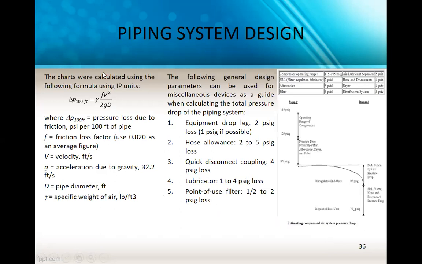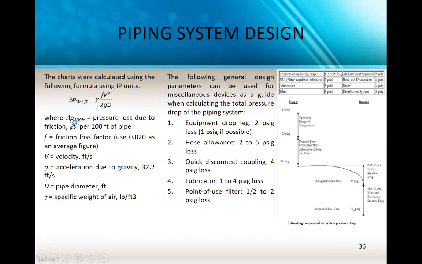So, pipe sizing table discharge was calculated using the following formula, using IP units, English. In our design, we will use this. So, delta P per 100 feet is gamma f v squared over 2gD.